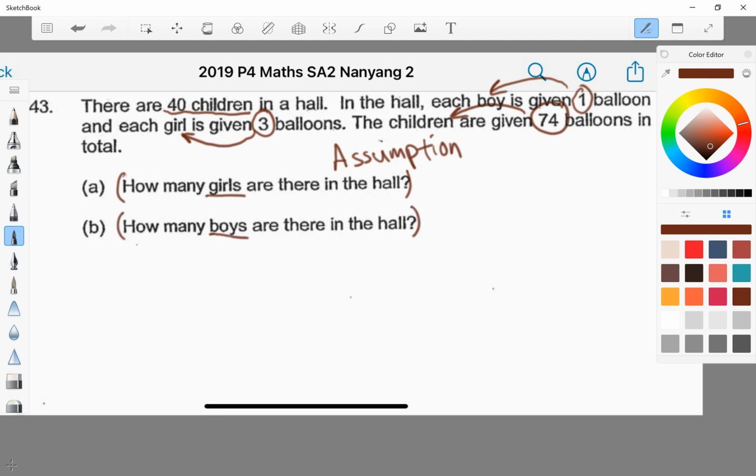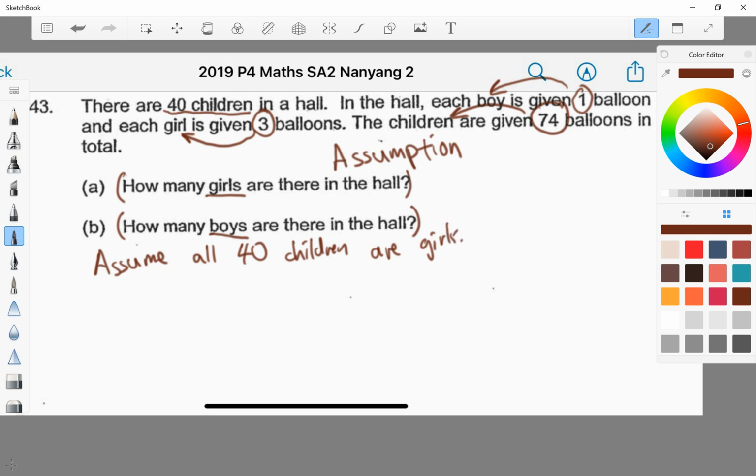So how does assumption work? In my case, I would usually just assume all the 40 children to be girls, because it's easier for me to explain when I'm teaching this to my primary 4 class. So assume all 40 children are girls.